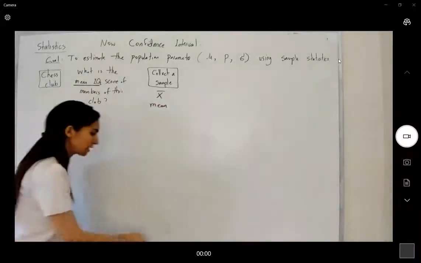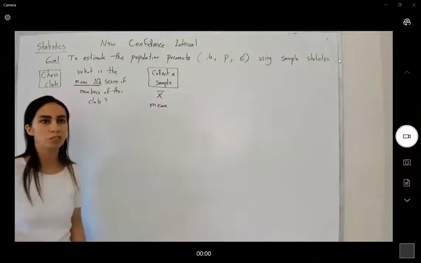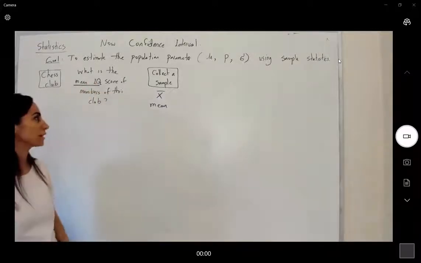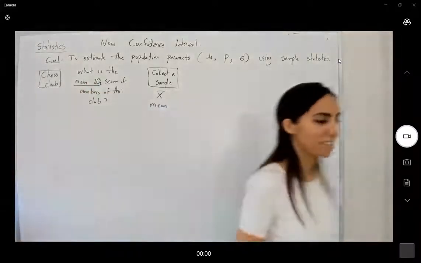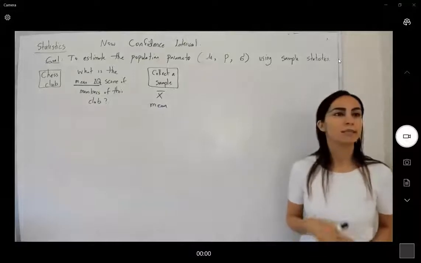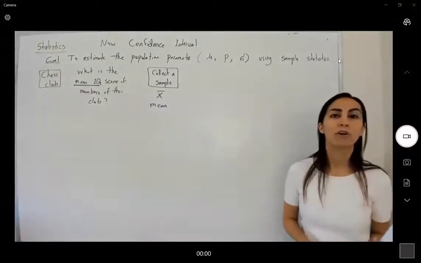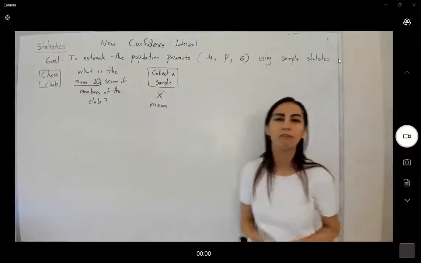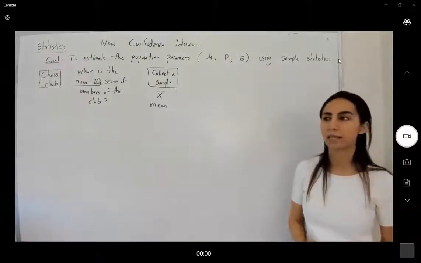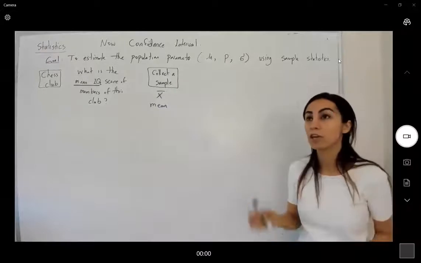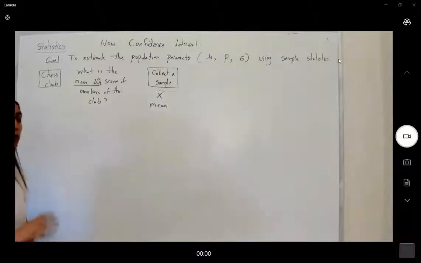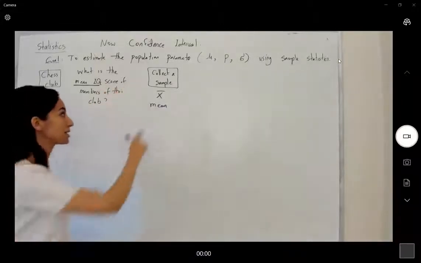After finding the mean of the sample, since you have only one sample, you probably don't get the exact value of the mean IQ score of all members in that club. It means that we have some level of confidence, a measure of degree of reliability, to say that you're 90% confident, 95% confident, or 99% confident that the mean IQ score of members of this club is close to that sample mean.